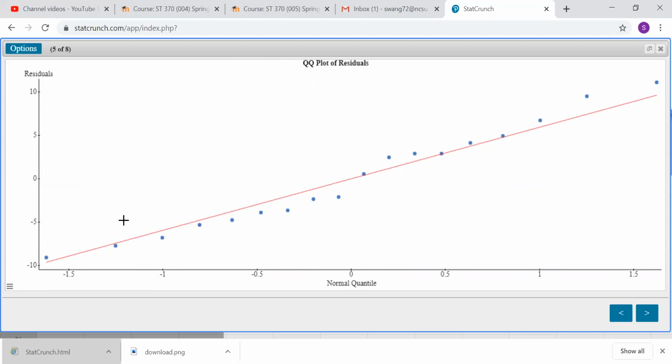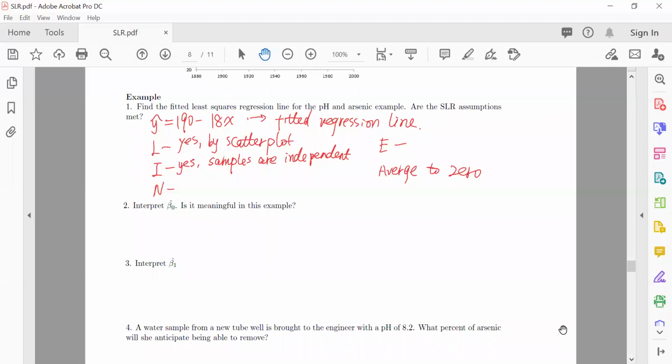In your QQ plot, all those dots are pretty much close to this line. If that is the case, then this is a normal distribution. If, say, your dots look like this, then that's not a normal distribution. So the normality assumption is also satisfied. So yes, this is checked by the QQ plot.